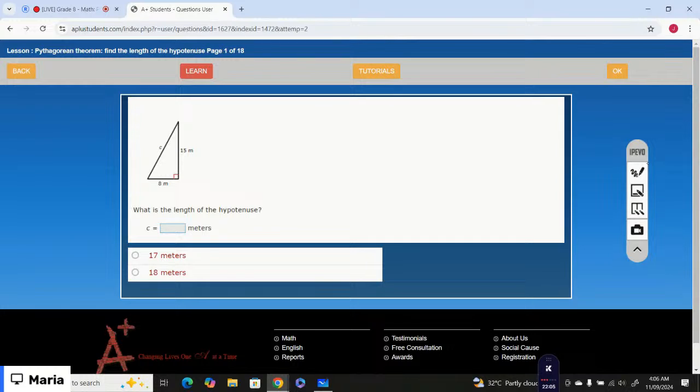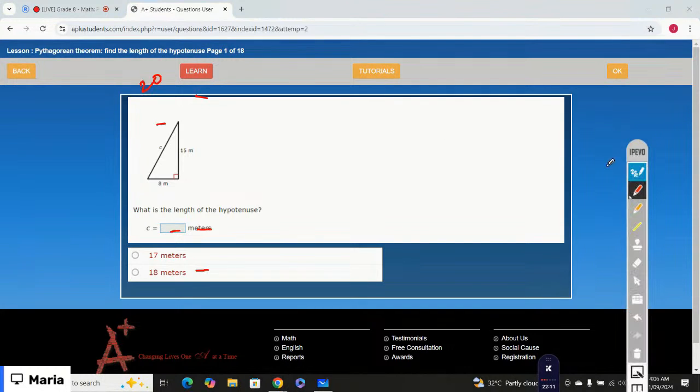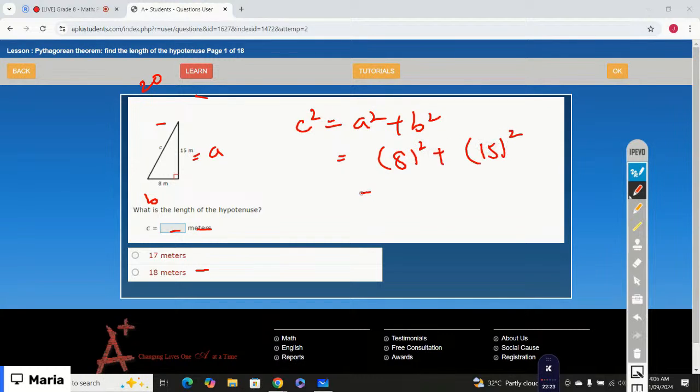Okay, here is the triangle you are given. You need to find the length of the hypotenuse. The hypotenuse is C, so C square equals A square plus B square. One of the sides is A, the other is B. So A square is 8 square, B square is 15 square. 8 square is 64, and 15 square is 225. So when you add, that would be 289, right? That is C square.